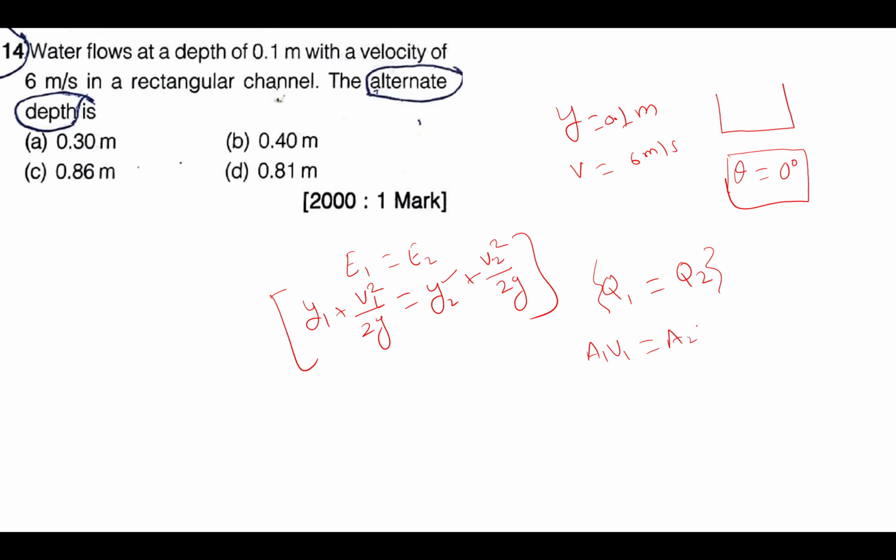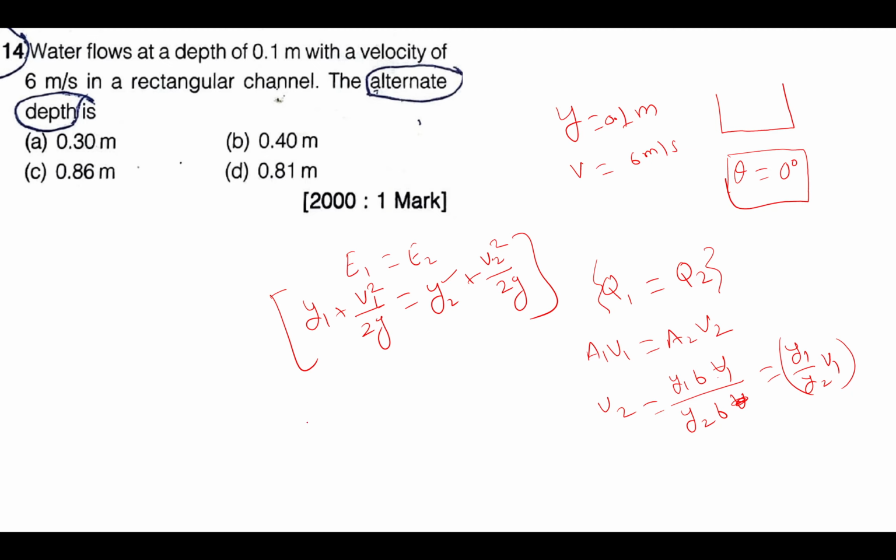And A2 and V2, so here your V2 is equal to nothing but Y1 V1 divided by Y2, since the width B is common.